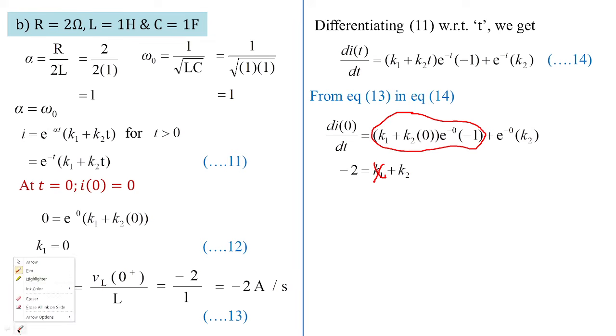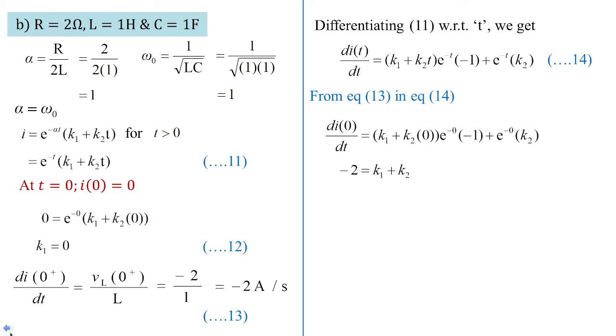I hope you understood how we got this value. So k2 is minus 2. This is clear. Once we obtain the value of k1 and k2, we are going to substitute equation 12, that is k1 value, equation 15, that is k2 value, in equation 11, that is I is equal to e to the power of minus t, k1 plus k2 t.